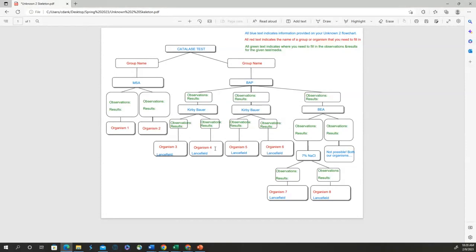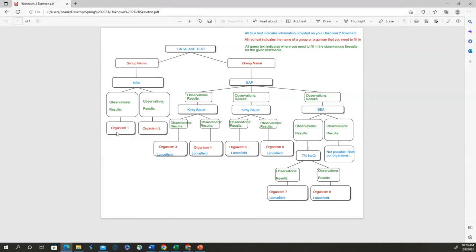Now, notice down here, okay, well, let me backtrack. So I call each of these pathways, okay? So if I start at the catalase test, and let's say I get the results that tell me I have this one group, I do the mannitol salt agar, I get these results, these observations, I know I have this organism.